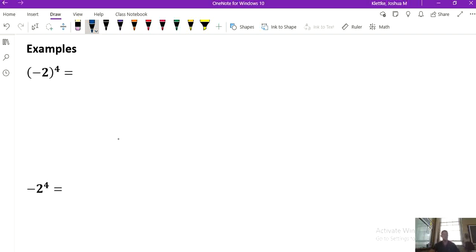Let's look at two examples where we have a base in parentheses and then a base without parentheses. Here's the exponent. The base is whatever is directly in front of the exponent. We see this set of parentheses in front of it. That means, since the negative sign is inside parentheses, -2 is the base. So we would evaluate it like this.